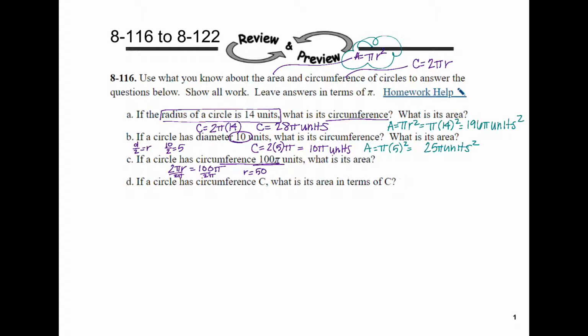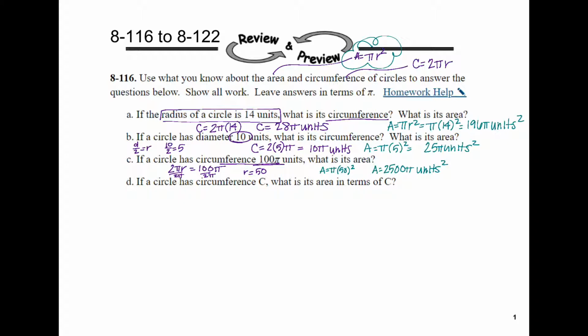In order to find my area, I can plug that radius in. So area equals pi times my radius squared. So 50 squared would give me 2,500 pi units squared.